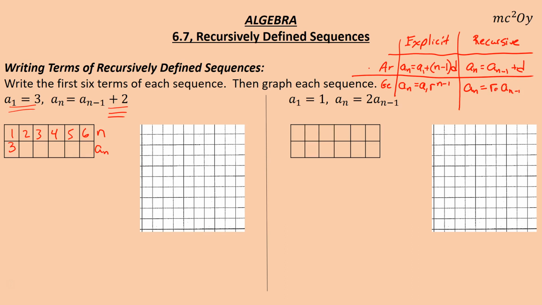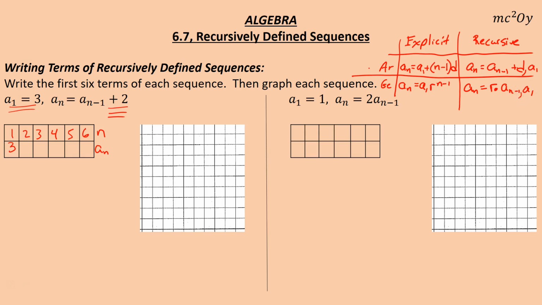So looking at this, I can say, notice that all of them have a sub n or a sub 1, with the exception of these two. And what's important is when you do the recursive rule, you always need to list a sub 1. At the end, you're always going to list what a sub 1 is, because it tells you where your starting point is. So in all of these rules, you actually need to know a sub 1.